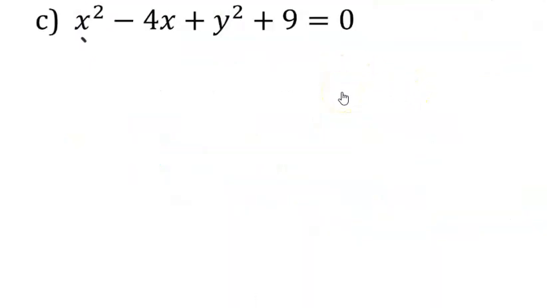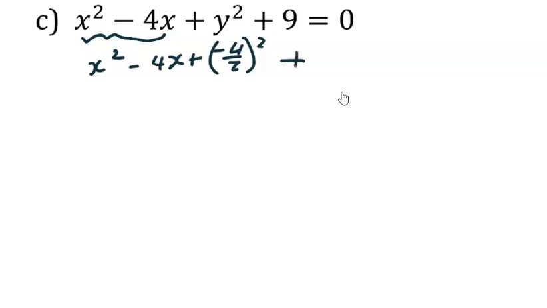If I complete the square for that part, I get x² − 4x + (−4/2)² + y² = −9 + (−4/2)².